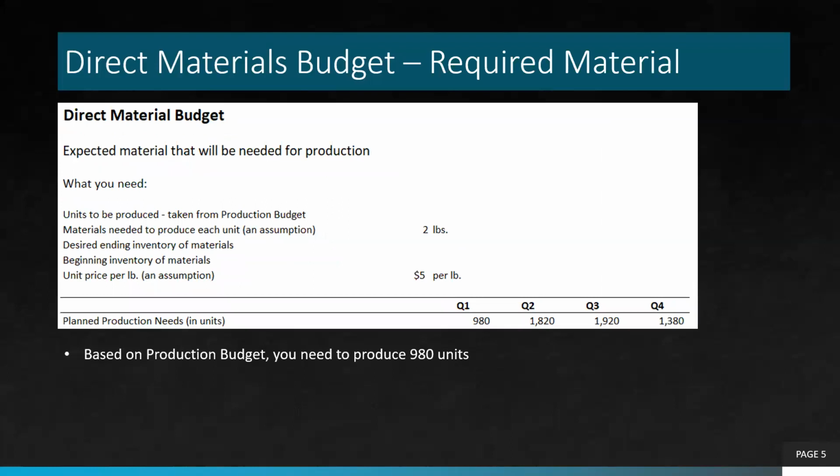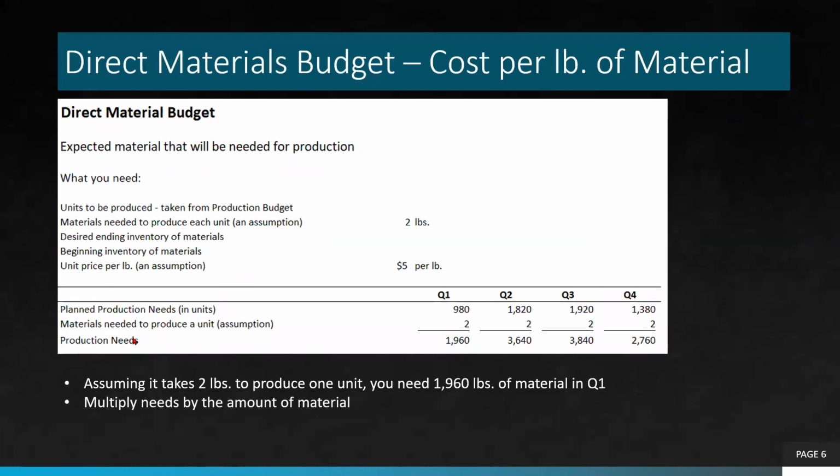So where we begin, we start with the planned production budget. And if you recall in the previous video, these are the numbers taken from that budget. Now the materials needed to produce a unit is the assumption that we've made up here. We're saying that it will take 2 pounds of material to produce these books that we sell.